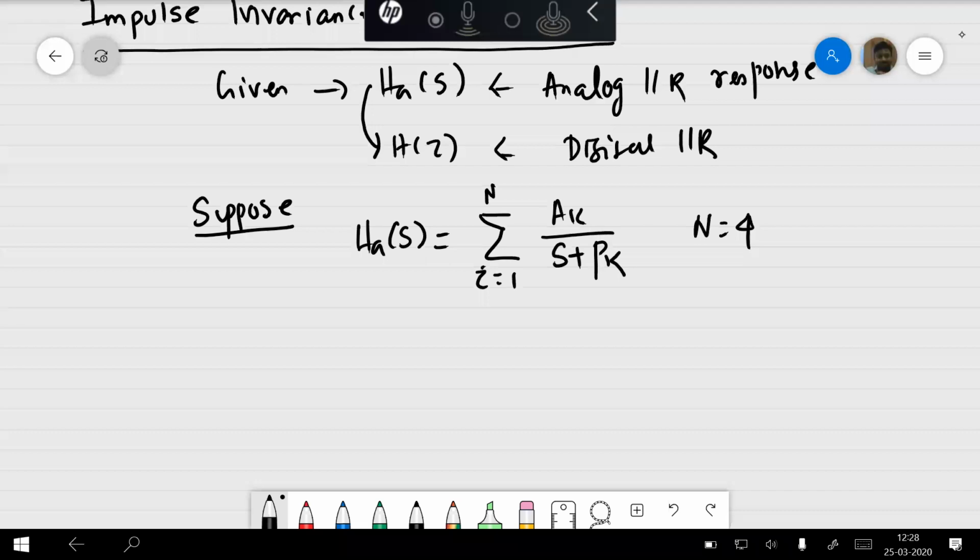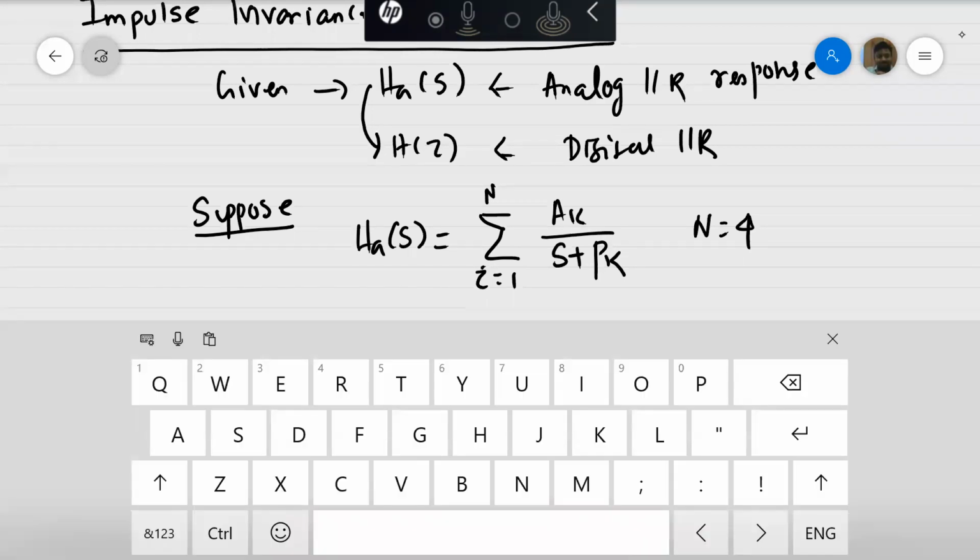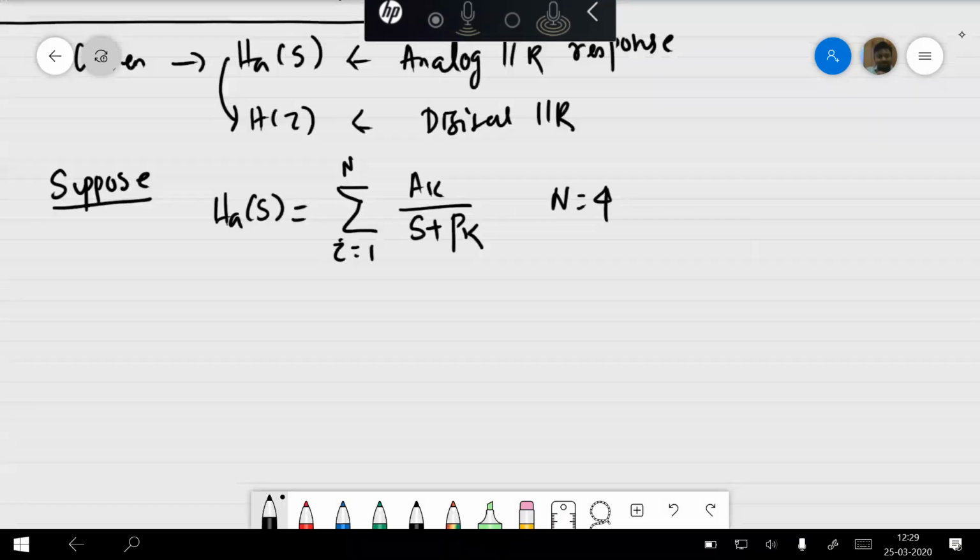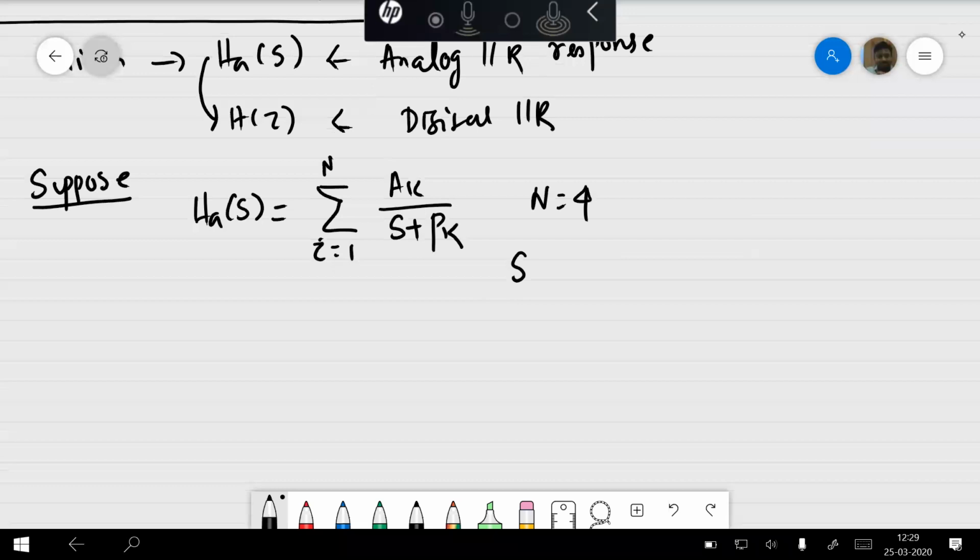All poles should be left half or right half? Okay, pole on left. I am asking what is the condition for instability. Right. So here s is equal to minus pk.